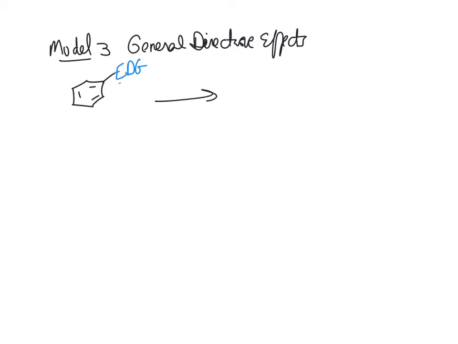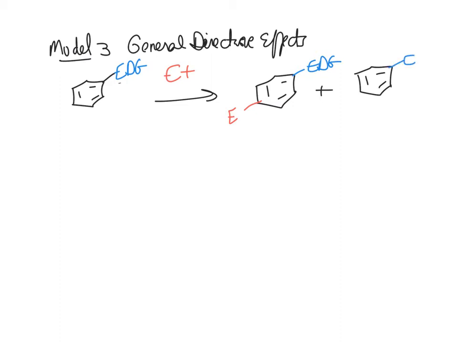We react this with an electrophile. And with the electron donating group, we see that the electrophile adds here, and it adds here. This is reaction 3.